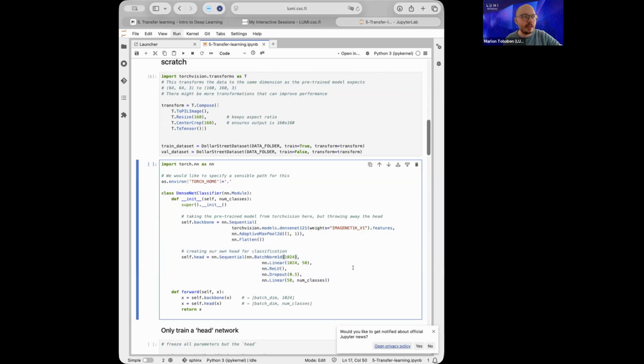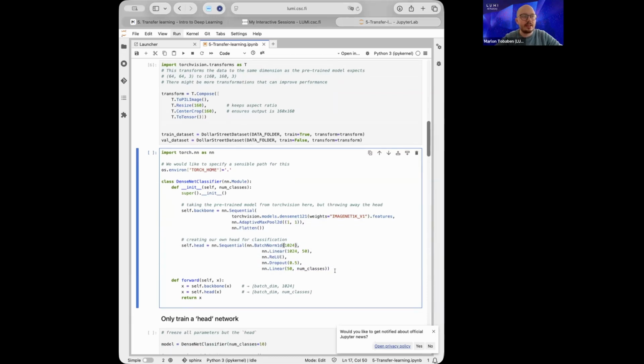You can recognize certain layers as before, and then in the forward pass, first we apply this pre-trained model to the image, and then in the end we flatten it. That's what Ludovico has been talking about, and then we get a vector of dimensionality 1024.